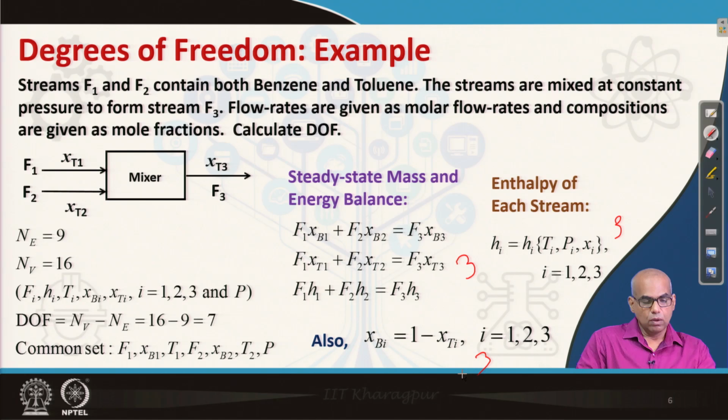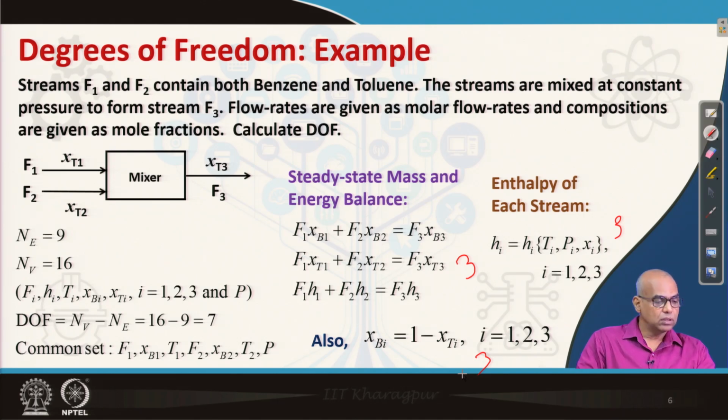We have flow rate, enthalpy, temperature, benzene mole fraction and toluene mole fraction. These 5 quantities for each stream. So, 5 into 3 is 15, plus we have pressure. So, we have 16 variables. So, degrees of freedom will be computed as 16 minus 9 equal to 7.